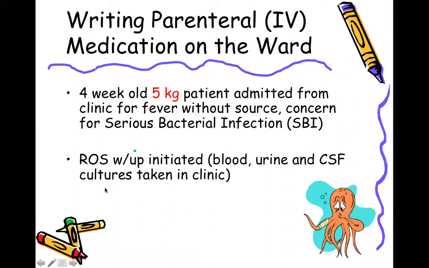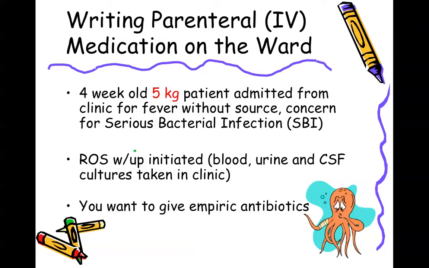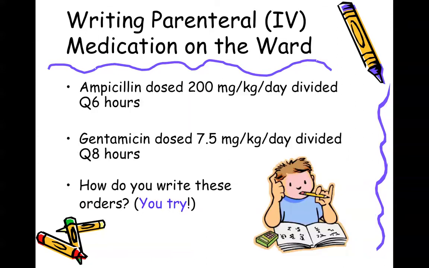This is called a rule-out sepsis workup, where the baby comes into clinic and a doctor takes samples from the bodily fluids: blood, urine, and CSF. We're going to assume this culture workup was taken in clinic, so they've done all of the evaluation and data gathering, but they would like you to give empiric antibiotics once the child gets to the floor, once they're being admitted.